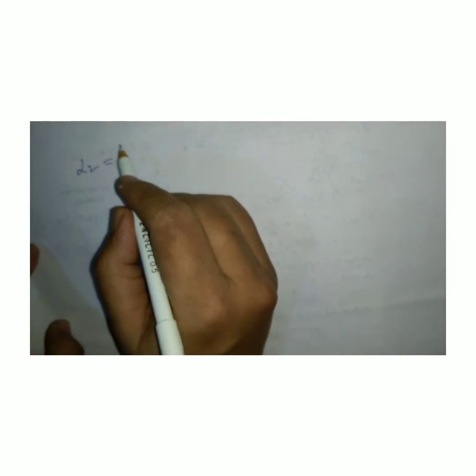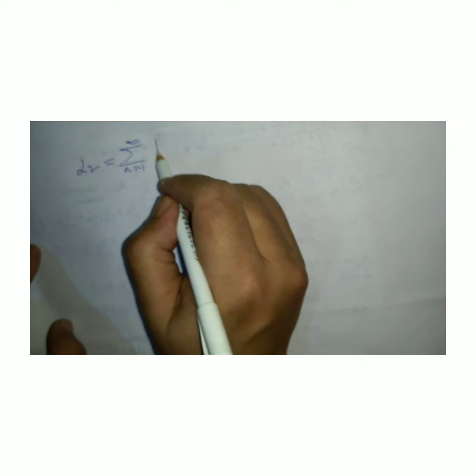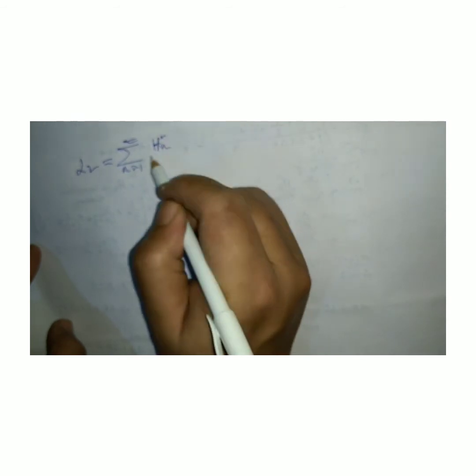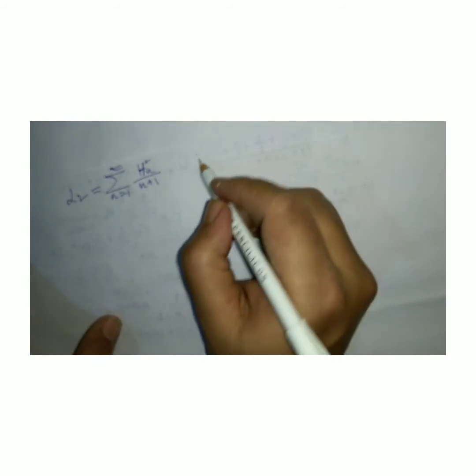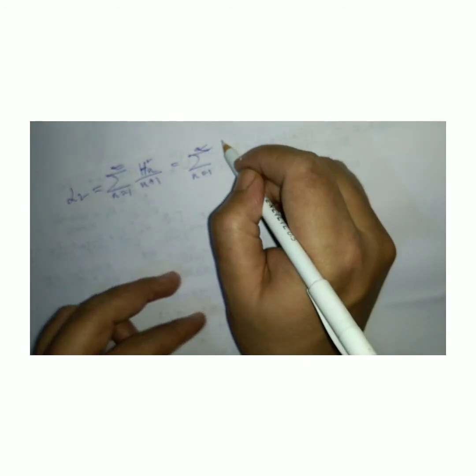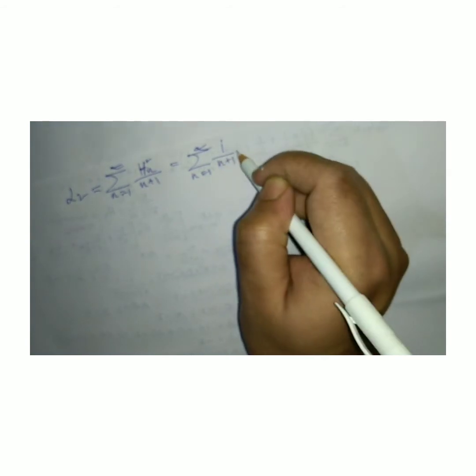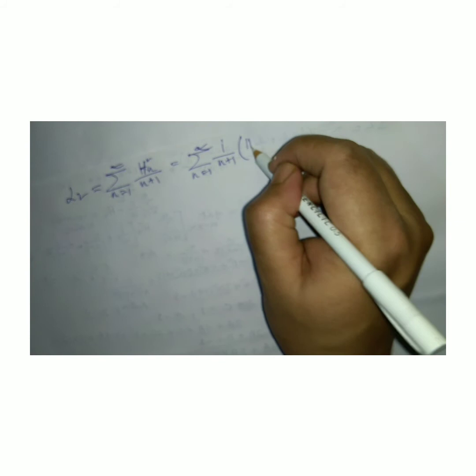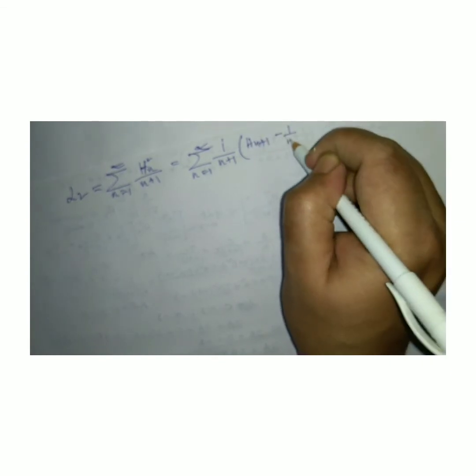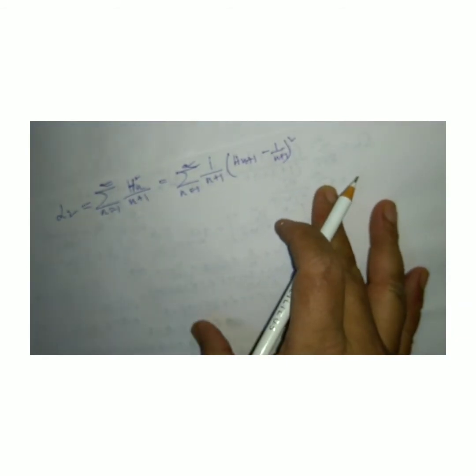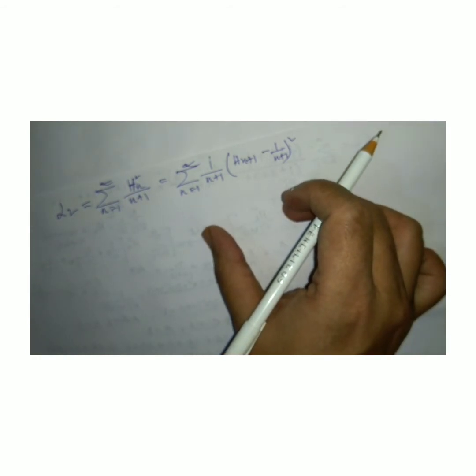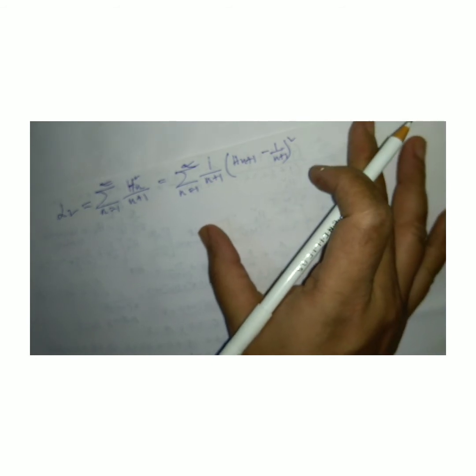L2 equals summation n equals 1 to infinity H squared n divided by n plus 1, which I can write as summation n equals 1 to infinity 1 by n plus 1 into H n plus 1 minus 1 by n plus 1, whole squared. I can write that, friends, no problem.